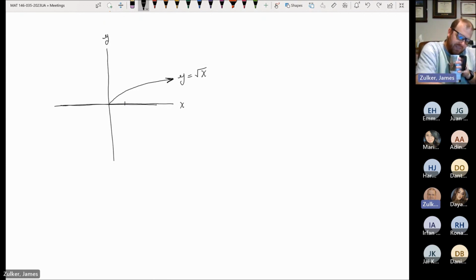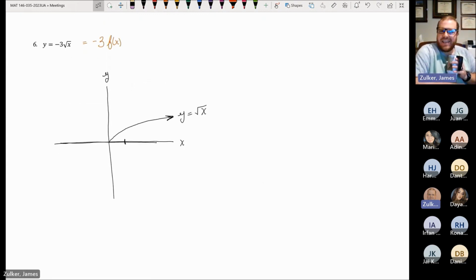I'm going to say that this tick represents 1 on the x-axis. So when x is 1, we're going to get negative 3. Probably like right there.